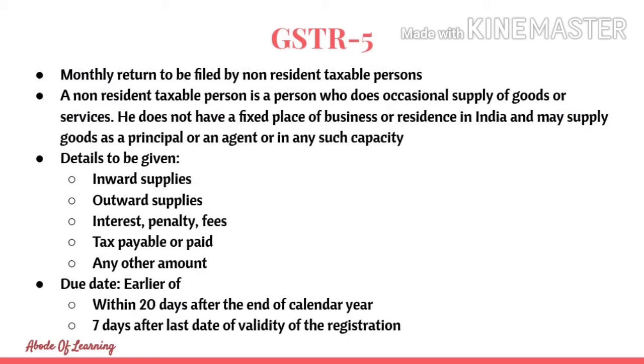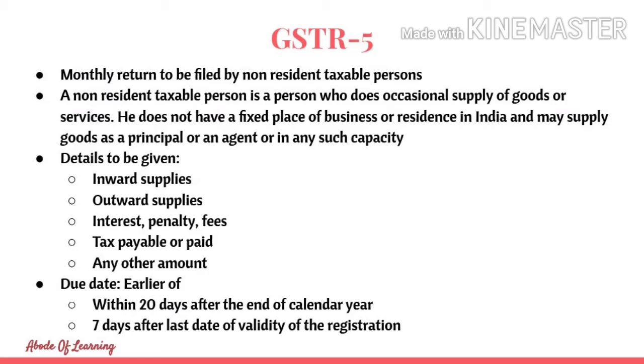Now, the details to be given in this return are inward supplies, outward supplies, if there are any interest, penalty or fees to be paid, then that, tax payable or the tax paid, and any other amount as required. Now, the due date to file GSTR 5 is the earlier of, means whichever comes first, either within 20 days after the end of the calendar month or 7 days after the last date of validity of the registration.